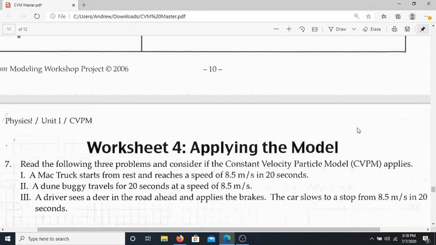Pick which ones CVM applies to and which it doesn't, and then give a reason for your answer. Take about 4.5 to 5 minutes. Pause this video, write down your answers, and when you're ready, unpause it, and we'll talk about it.